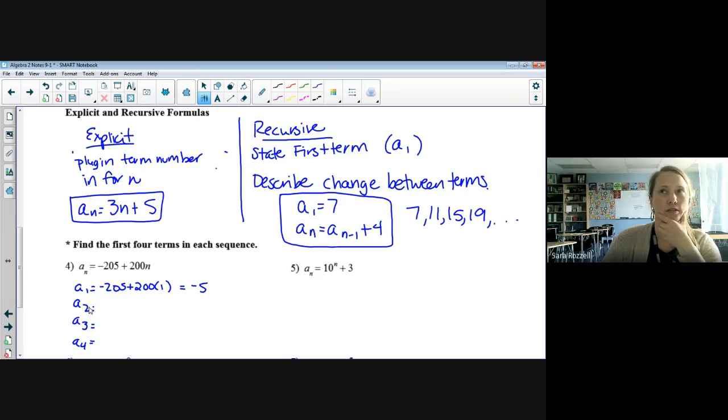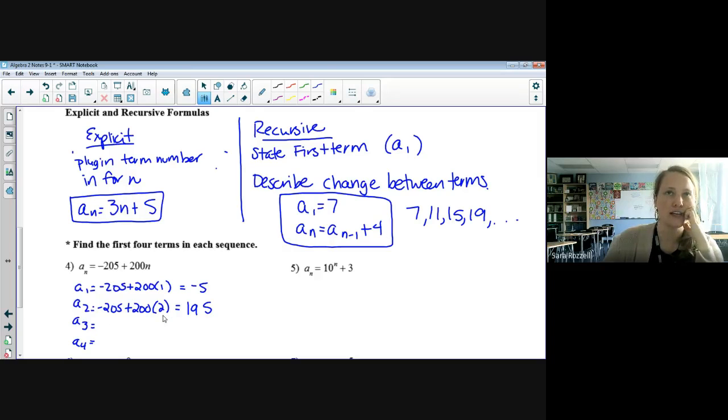And our second one, what are we going to plug in for n if we want the second term? 2. So -205 plus 200 times 2. And what's that going to be? 195? I think so.